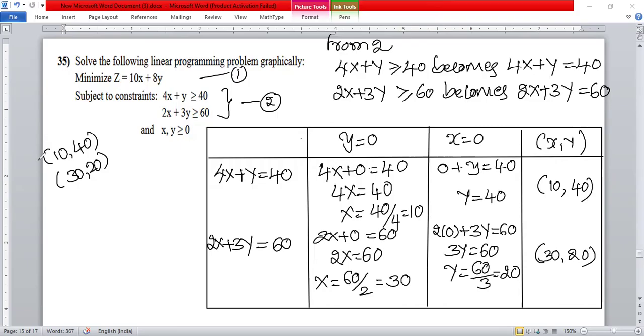Okay, x-axis highest is 30. Y-axis highest is 40.